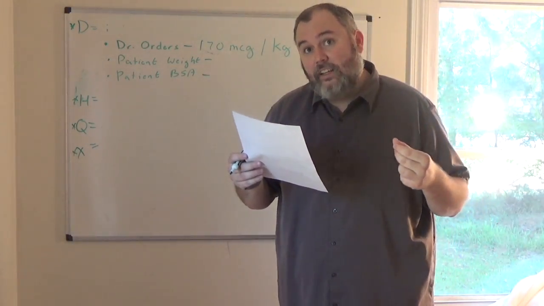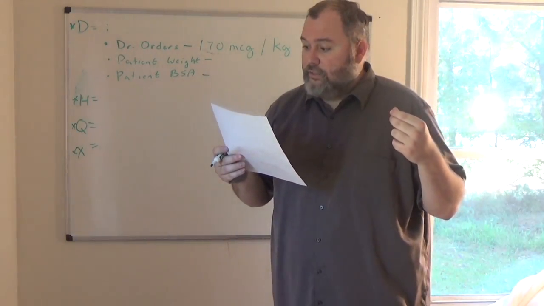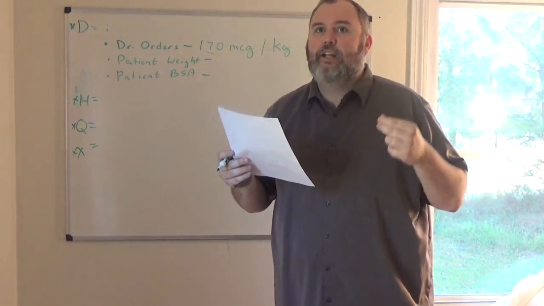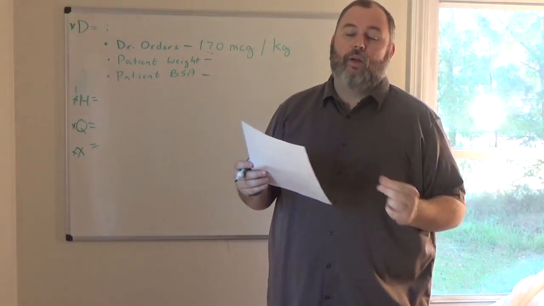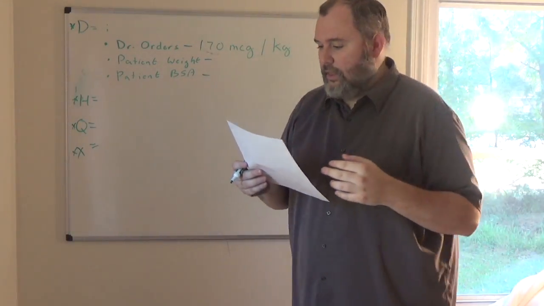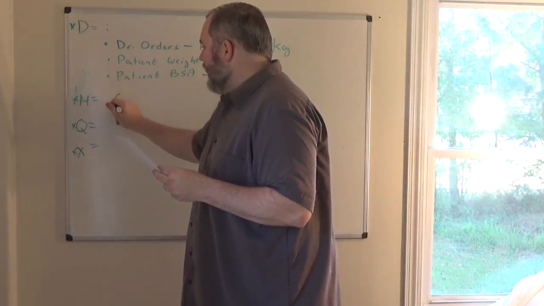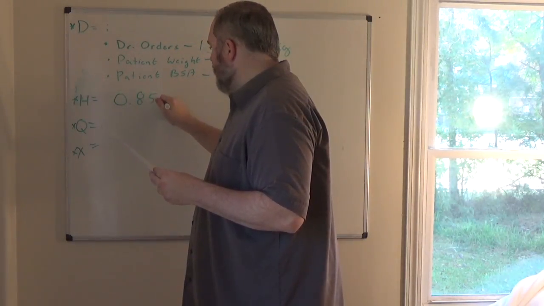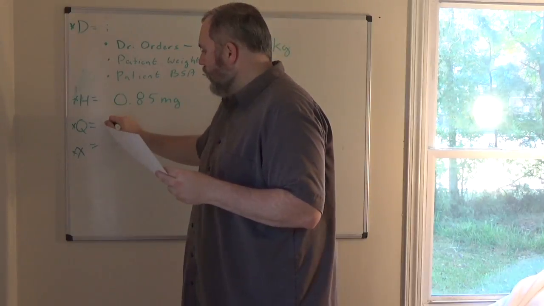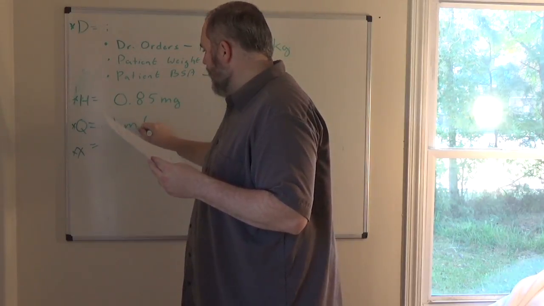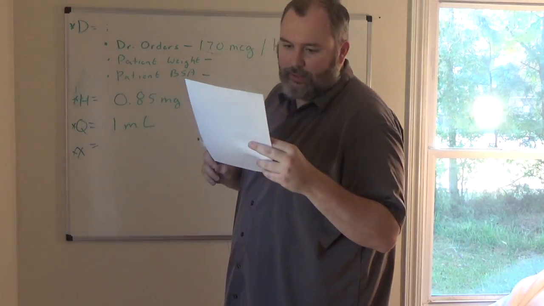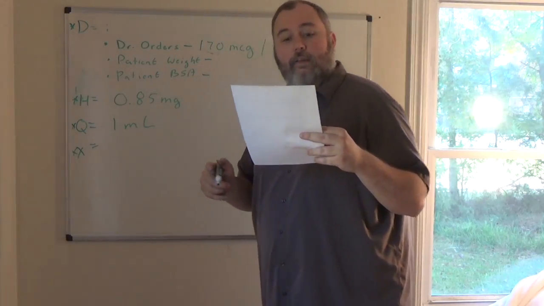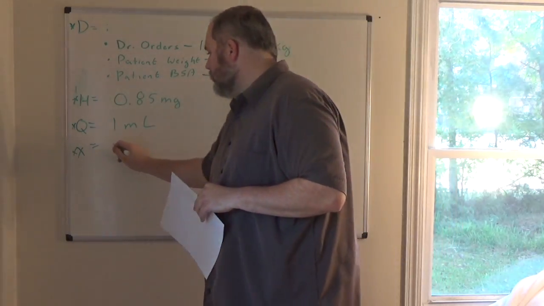But this part is. Yielding 0.85 milligrams per ml. That's my strength. So my strength happens to be 0.85 milligrams per 1 ml. All right, how many mLs do you administer?